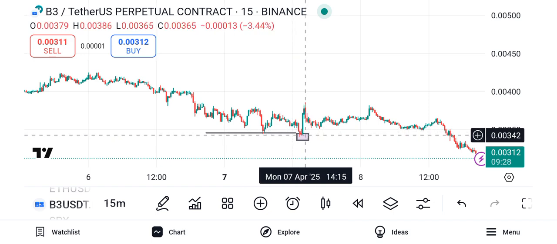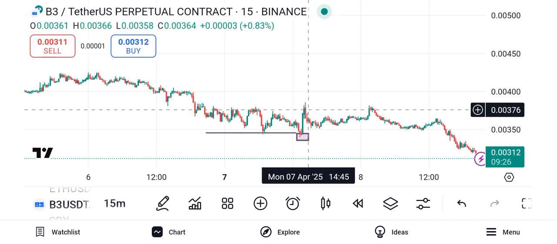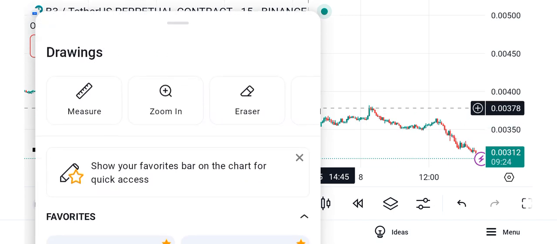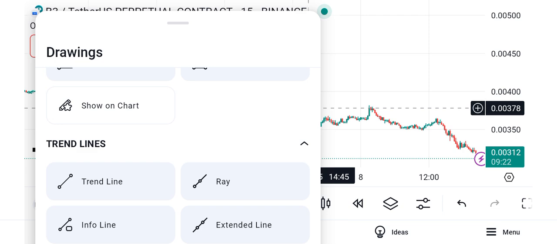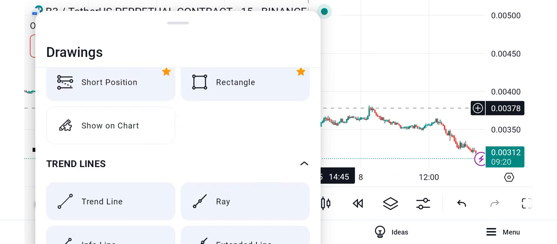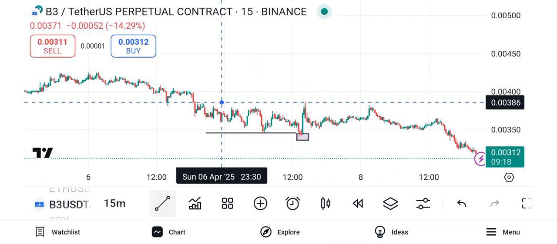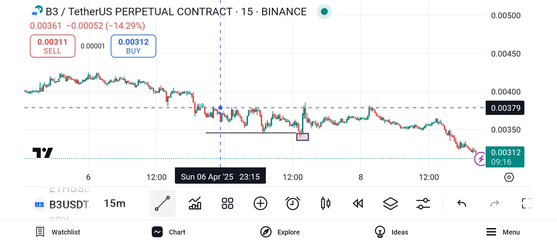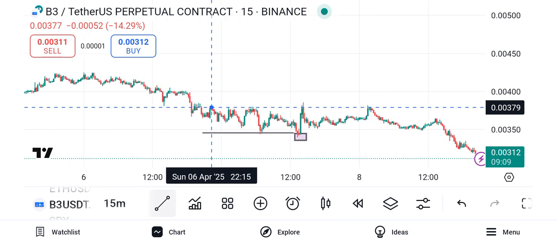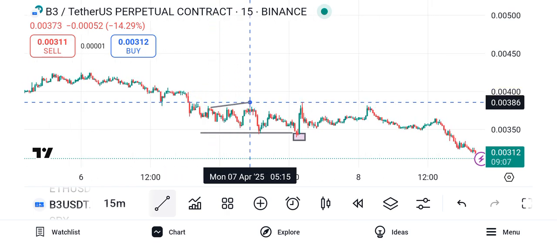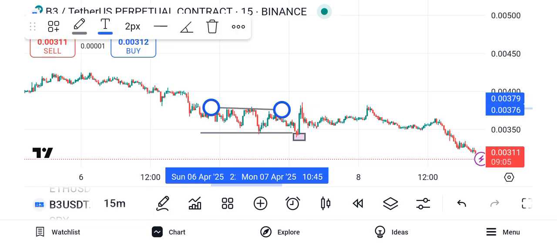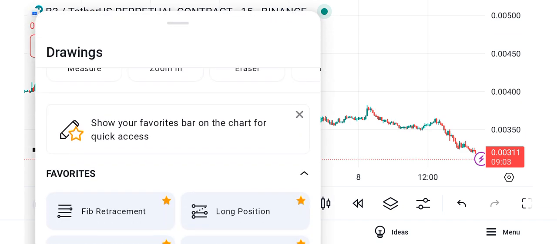But what happened? Price went up after inducing the sellers. It went up to take out what? The buy side.